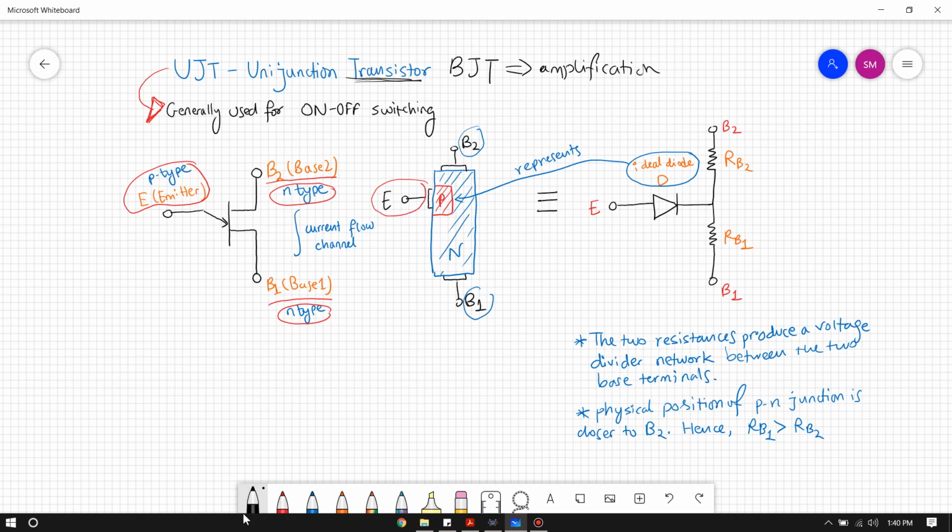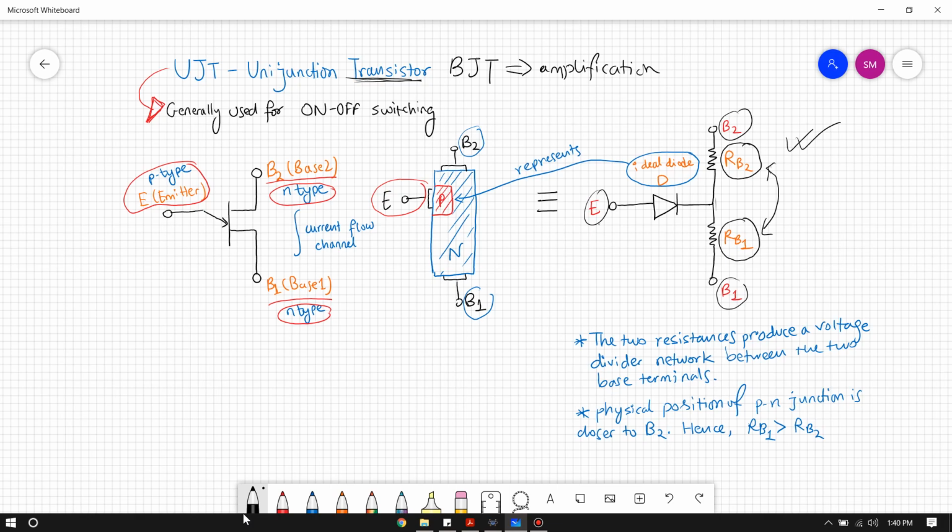And a UJT has an equivalent circuit somewhat like this. Okay, so between our base 2 and our emitter, we have a resistance RB2, and between our B1 and our emitter, we have a resistance of RB1. So these two resistances form a voltage divider network between the two base terminals.